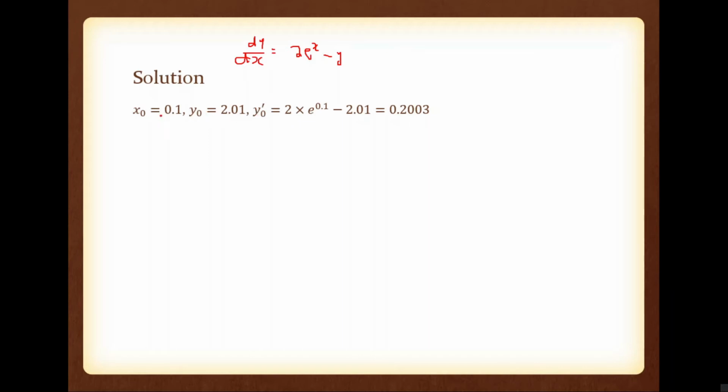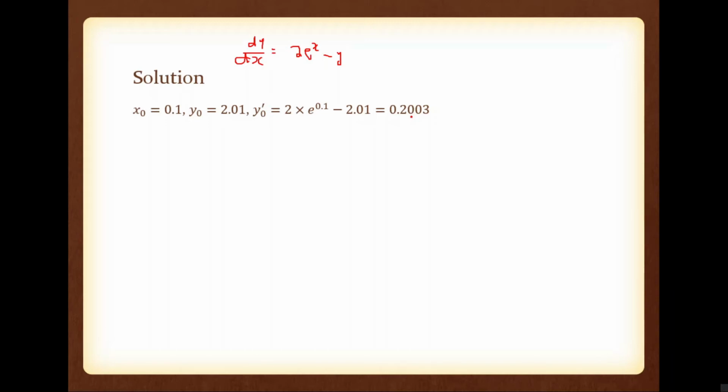If x is equal to 0.1 and y is equal to 2.01, then y0 dash is 2 into e raised to 0.1 minus 2.01. Solving this, we have 0.2003. So this is y0 dash. Similarly, we have to find y1 dash, y2 dash, and y3 dash.